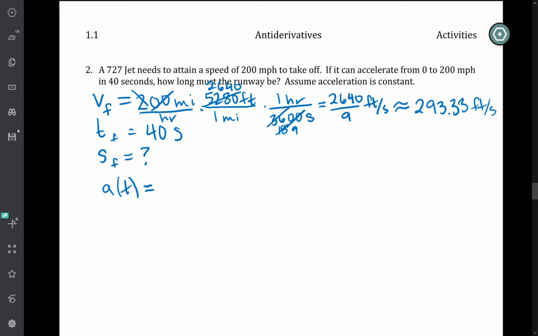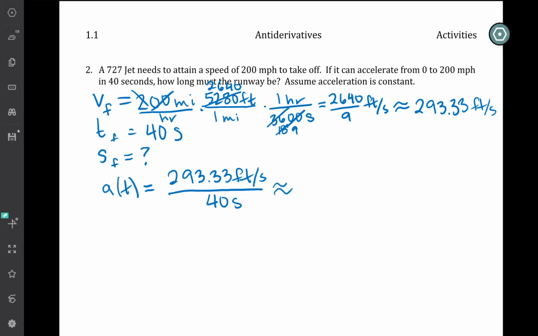We know that the velocity increases by this 293.33 feet per second in 40 seconds, which means the acceleration, 293 over 40, is about 7.33 feet per second squared. I don't think my screen capture is smart enough to show you my calculator. It's not very exciting for this stuff anyhow.